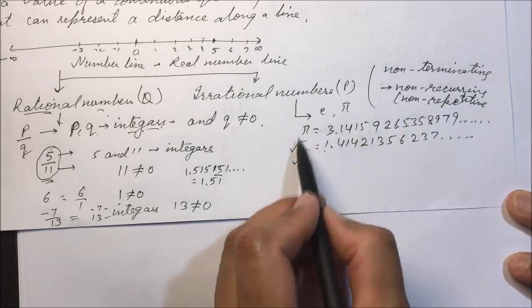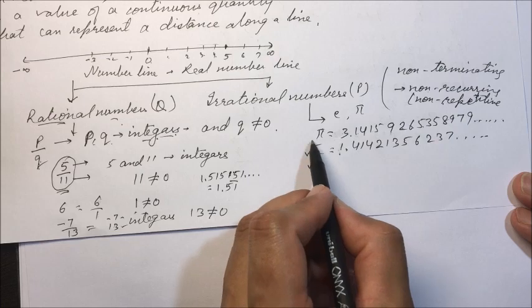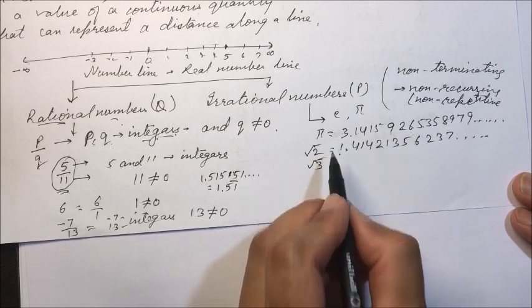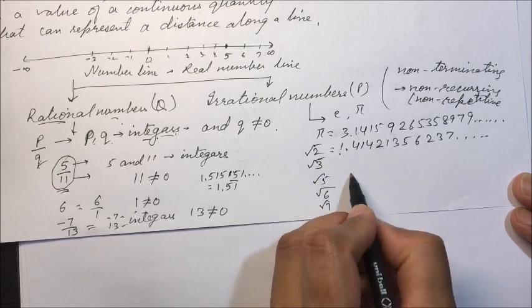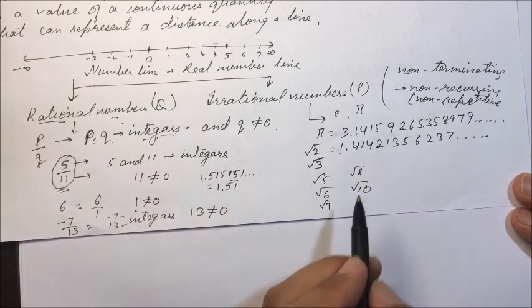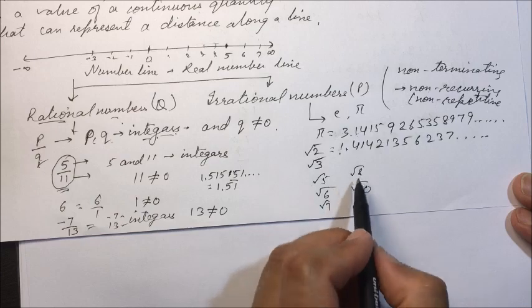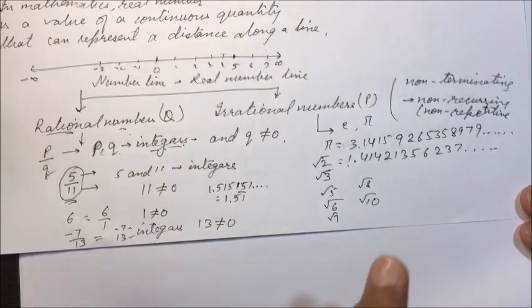So they cannot be represented in the form of p by q. So all the roots of non-perfect squares, root 3, root 5, root 6, root 7, root 8, root 10, are irrational numbers. Root 9 is a rational number, because the root of a perfect square is a rational number. But these all are irrational numbers. Understood this one?